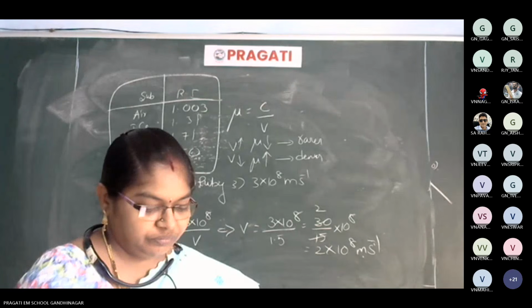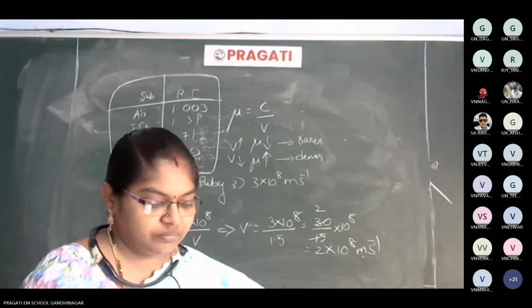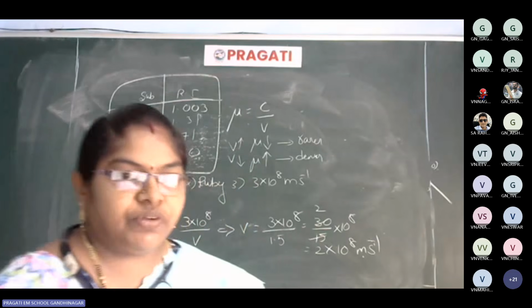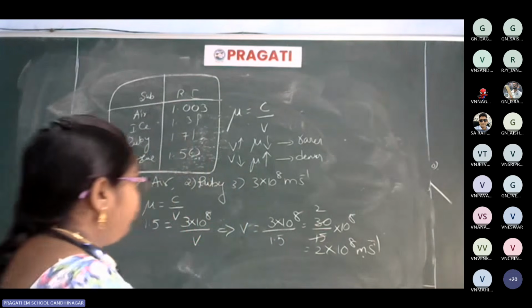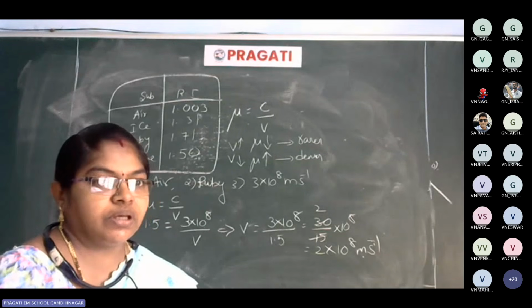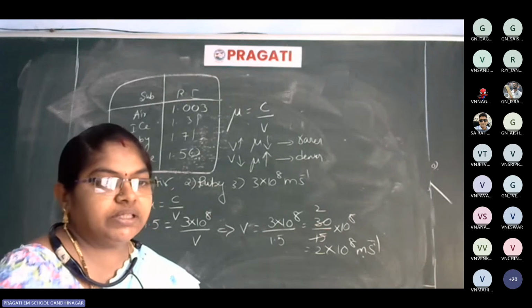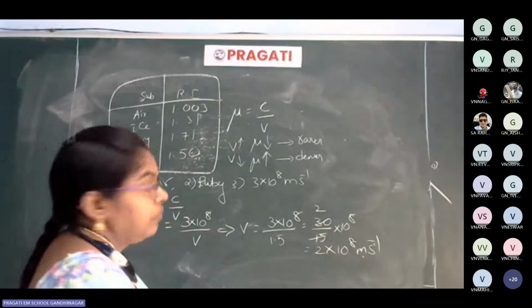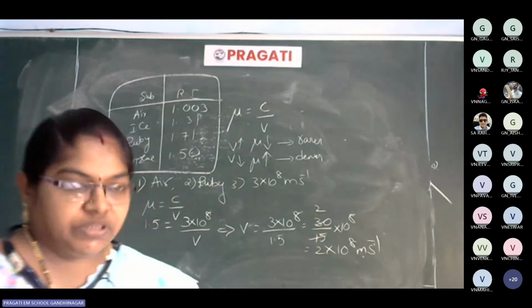We'll get two 4 marks questions from the light lesson. One is the table question, and another one is the ray diagrams.